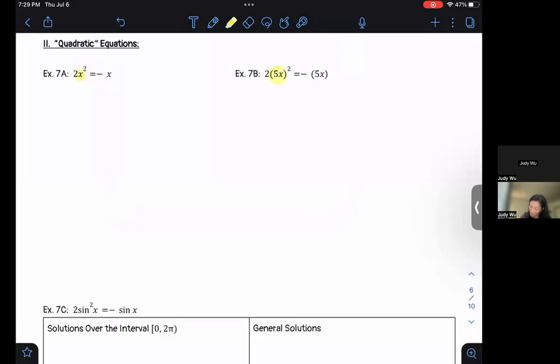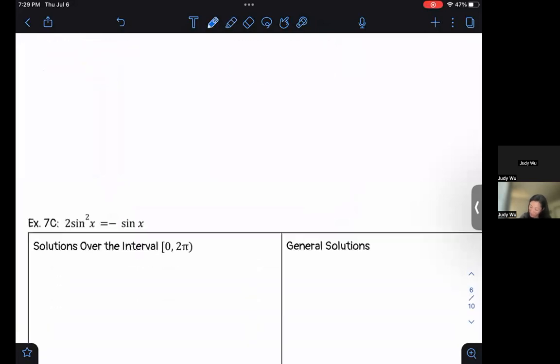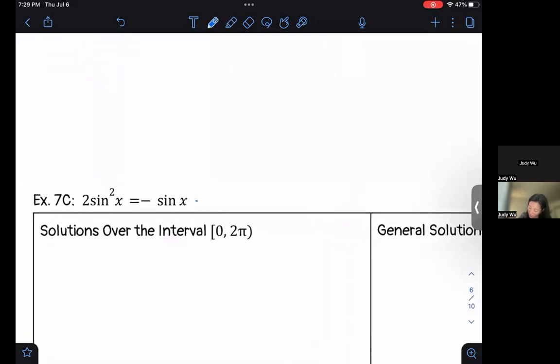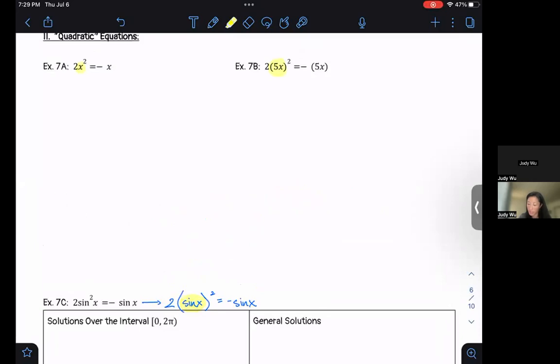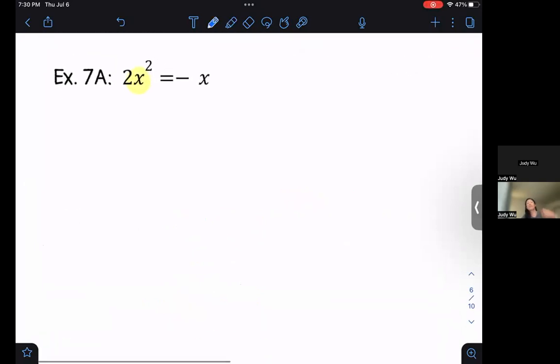And in 7c, we're introducing this notation where this is really 2 times sine x squared equals negative sine x, okay? So we're actually taking the sine x and squaring that, just like we did the x and the 5x in the previous question, okay? All right, so let's begin with 7a, all right?